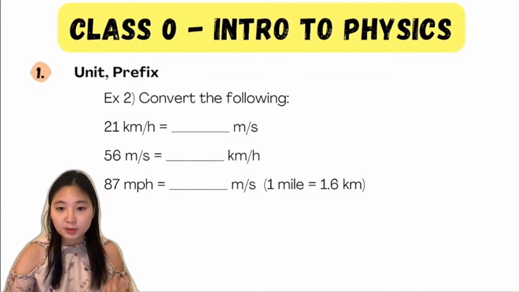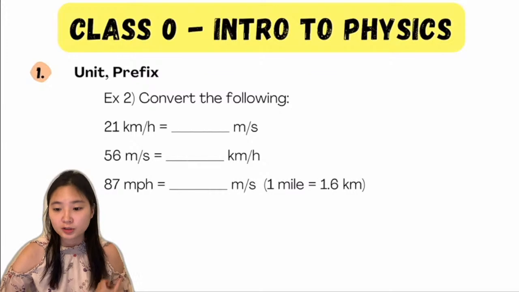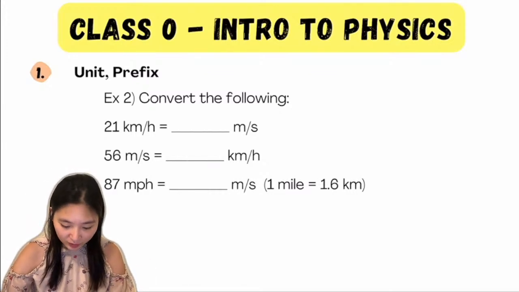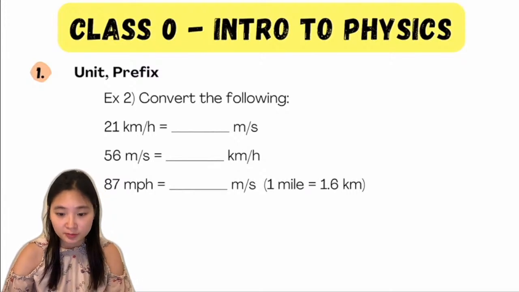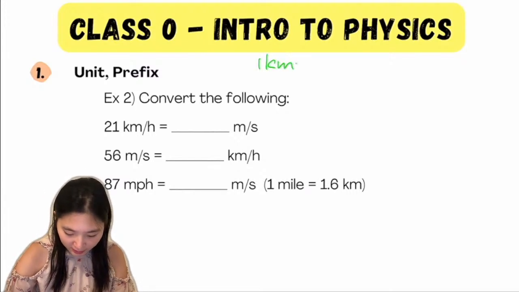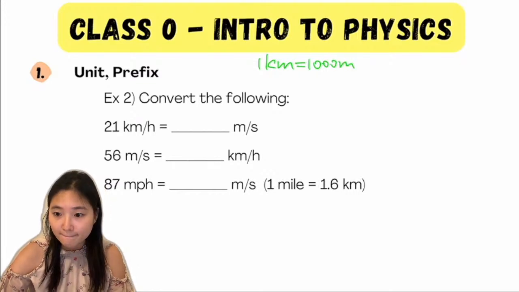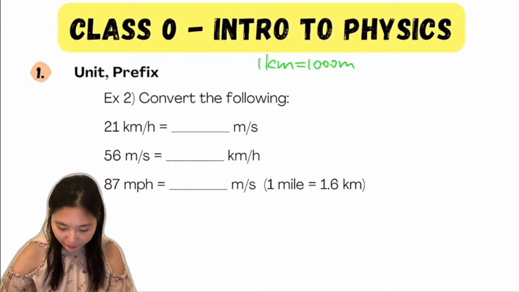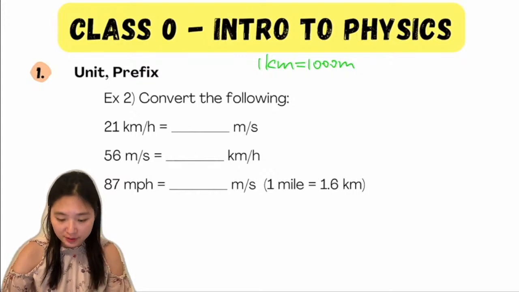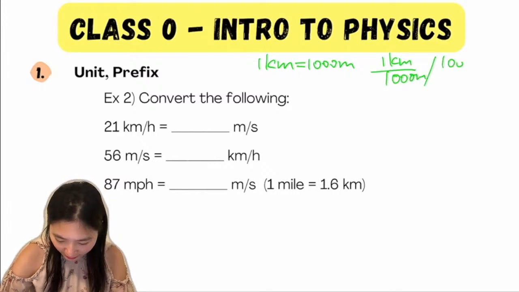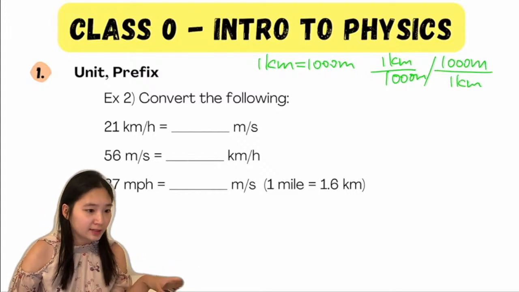How I convert between 21 kilometers per hour and meters per second is actually the same. So how do I go from kilometers to meters? I know that 1 kilometer is equal to 1,000 meters. So the unit conversion factor between them must be either 1 kilometer over 1,000 meters or 1,000 meters over 1 kilometer. Then what about hours and seconds?